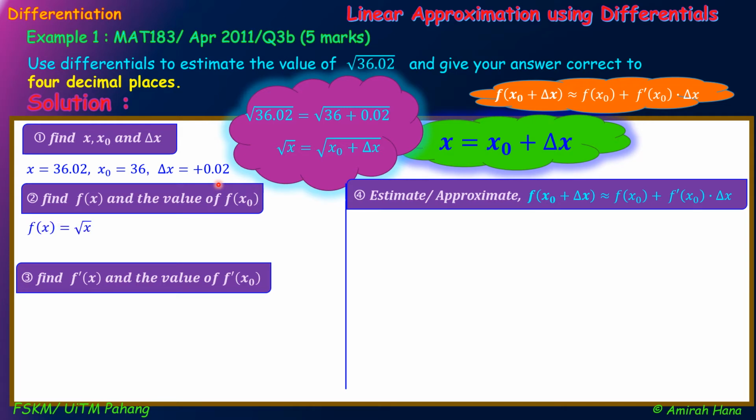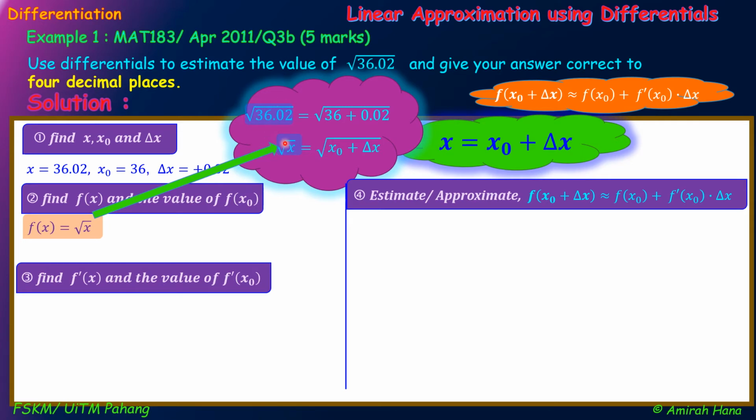Then step 2, we need to find f(x) and the value of f(x naught). So f(x) equals the square root of x. How do we get this? Just now we assumed the given decimal value equals x, and the given decimal value is inside the square root.